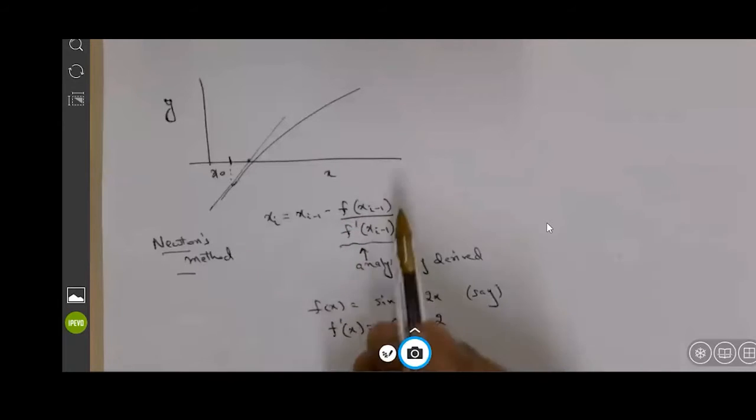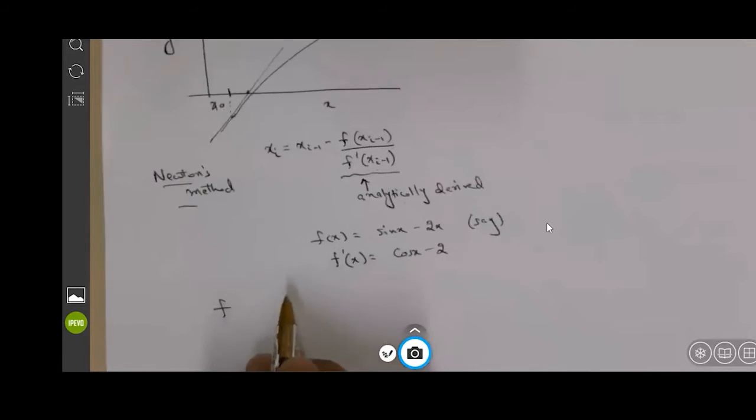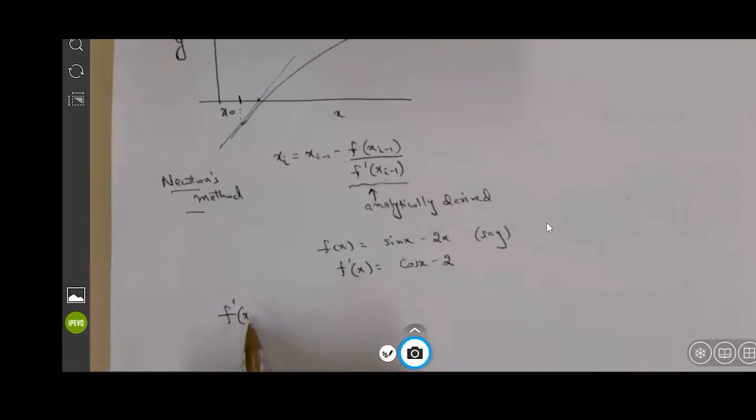But okay, in the secant method, you don't need an analytical expression for f'(x). You basically replace it with a specific definition of f' on how to calculate the slope. And that is nothing but f(x_{i-1}) minus f(x_{i-2}) divided by x_{i-1} minus x_{i-2}, or you can reverse that.